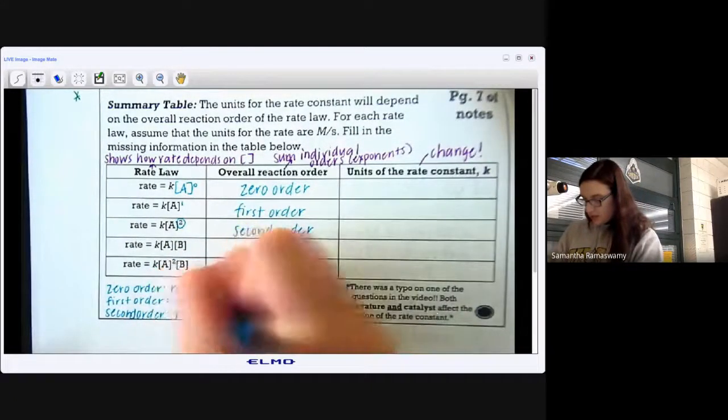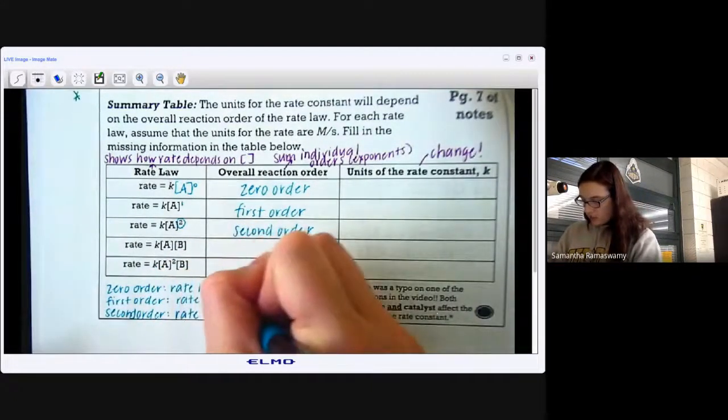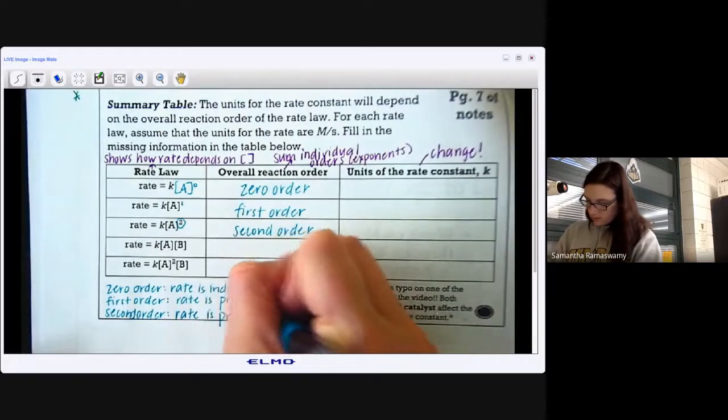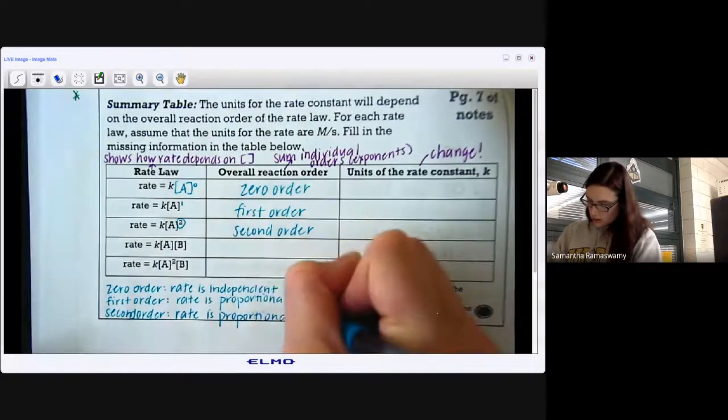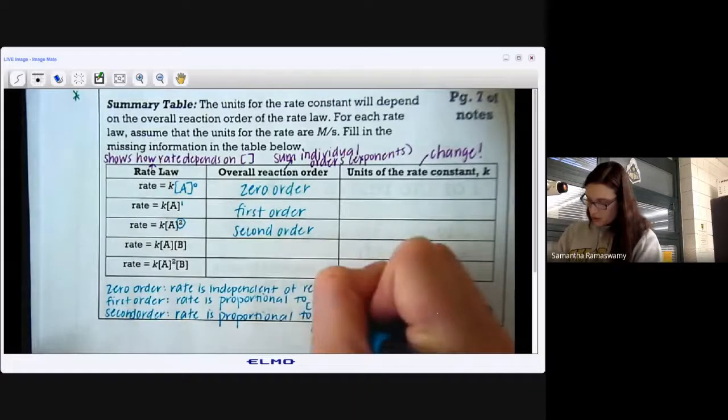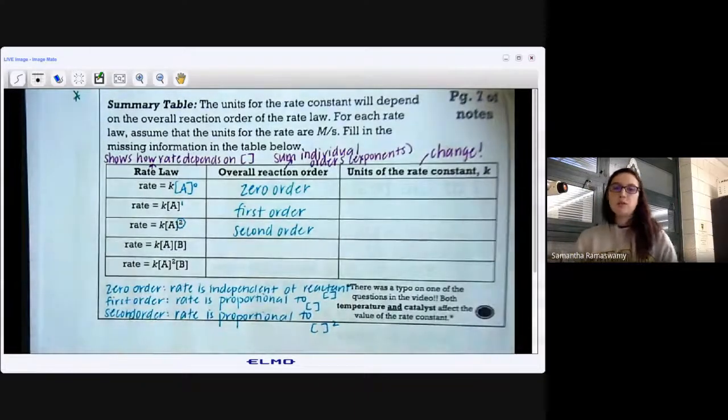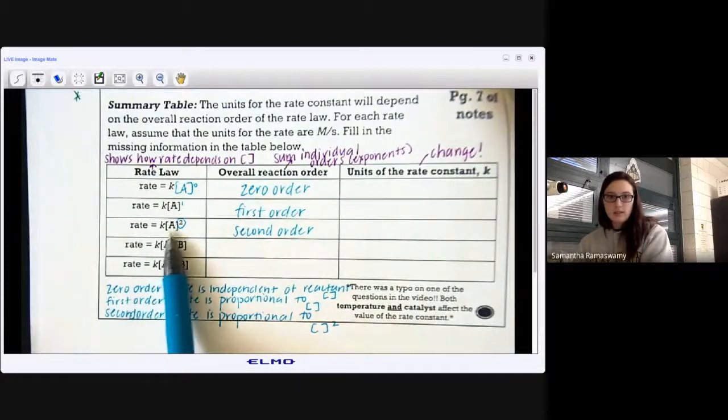But this is when rate is proportional to the concentration squared. So here's what that means. If I double the concentration of A, 2 times as much, 2 squared is 4.